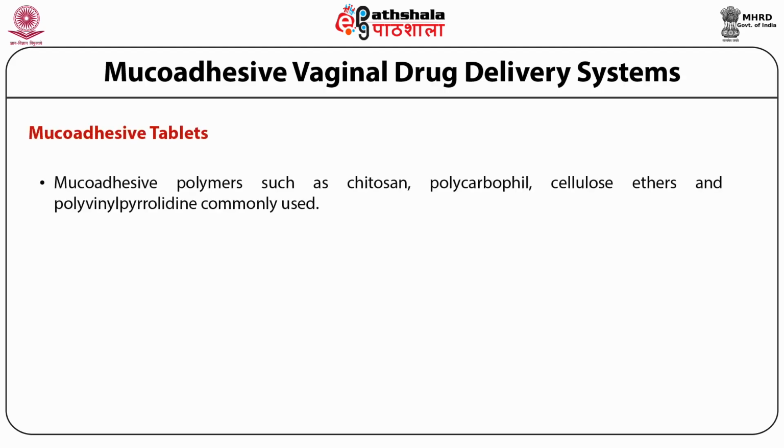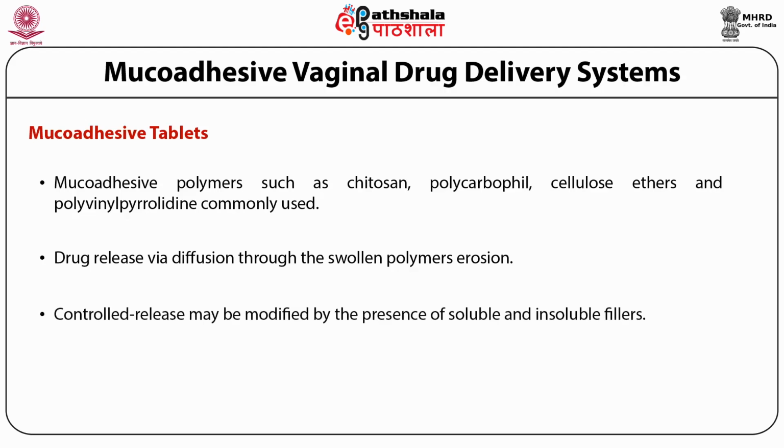Mucoadhesive polymers such as chitosan, polycarbophil, cellulose ethers, and polyvinyl pyrrolidone are commonly used to formulate the matrix system of the mucoadhesive tablets. The drug release primarily is through diffusion, through the swollen polymer, and sometimes a combination of diffusion and erosion is there.